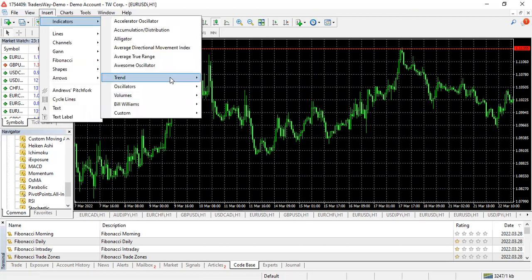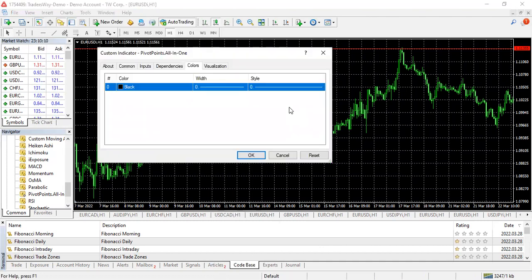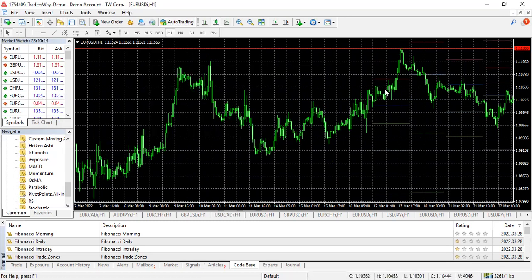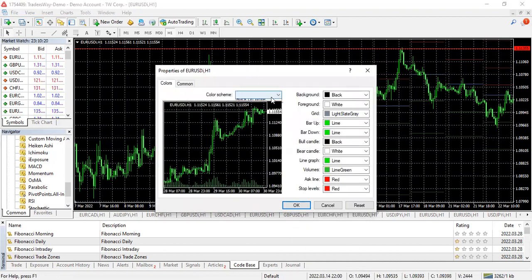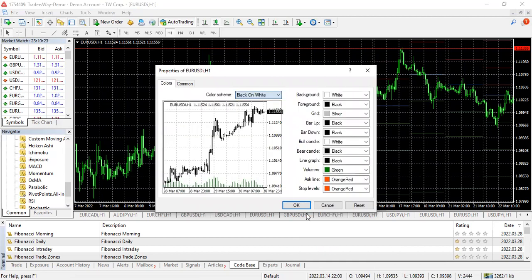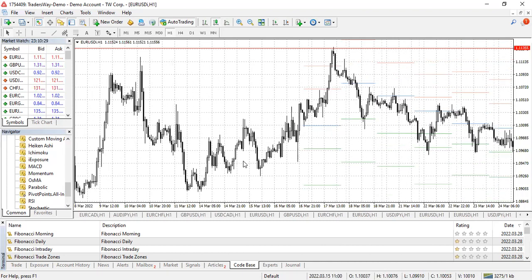So now, let me add the pivot points. I'm using the 1 hour time frame. You are not seeing it clearly now, so let me change the background. It is a bit fairer now.